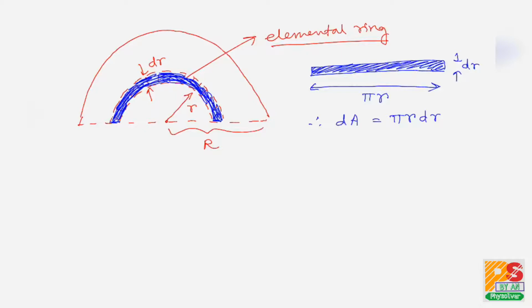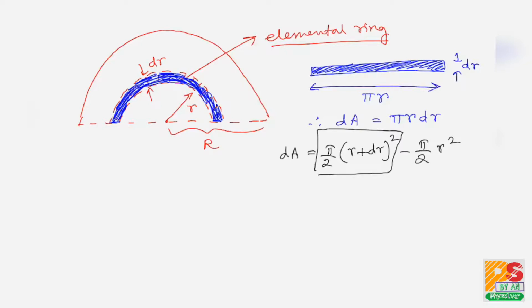It says that dA can be written as pi by 2 (r plus dr) whole square minus pi by 2 r square. Why by 2? Because this is a semicircular disc, and we know the area of a semicircular disc is pi r square by 2. Now what is this? This is the total area. Total area means this area. And what is this? This is this area only. So if I subtract the two areas, I can get the area of the blue portion.